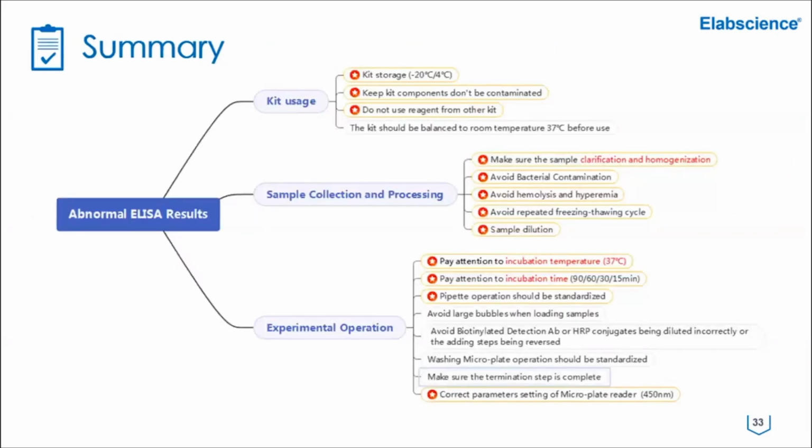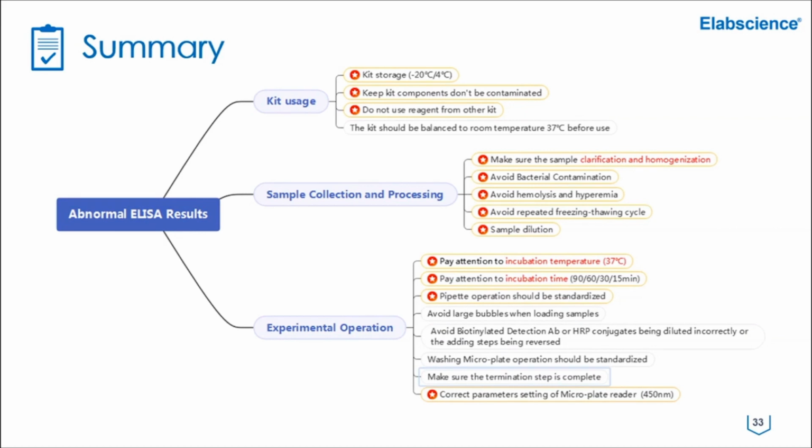Okay, so today we have learned about how to analyze and troubleshoot 5 common abnormal results. Here I made a mind map which divided the general causes into 3 aspects: the kit usage, the sample collection and processing, and the experimental operation.